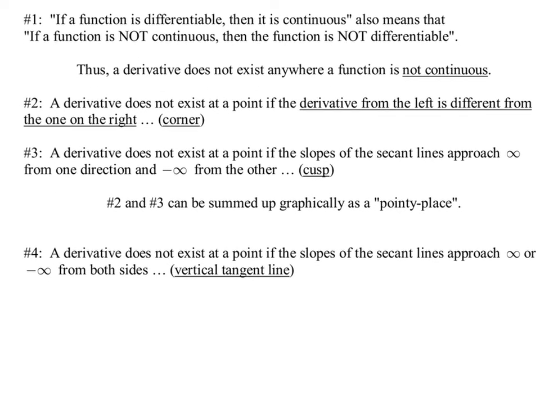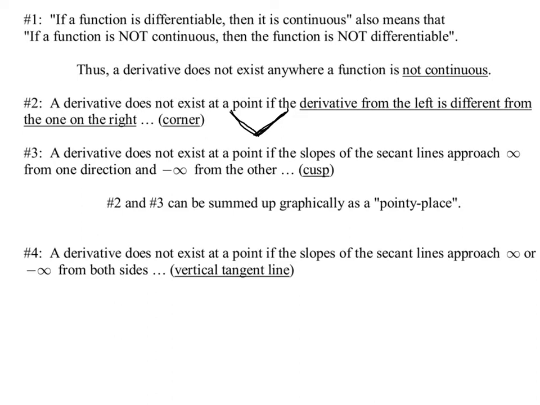Let me see if I can draw. Right there we can see the absolute value has a slope of -1, and then it jumps right at 0 to a slope of 1. So at 0 the derivative does not exist, because the derivative from the left, which is -1, does not equal the derivative from the right, which is 1.